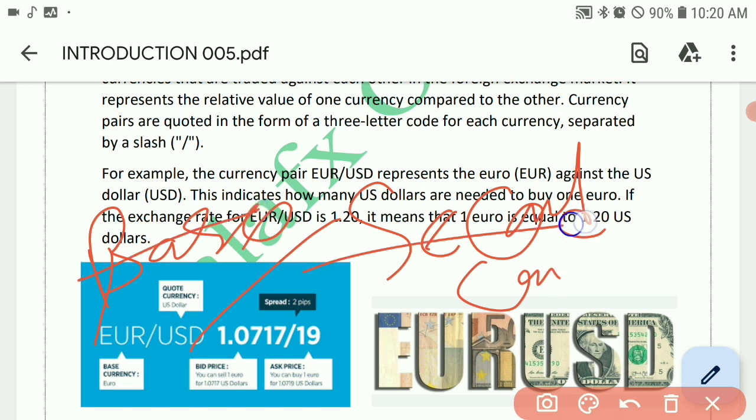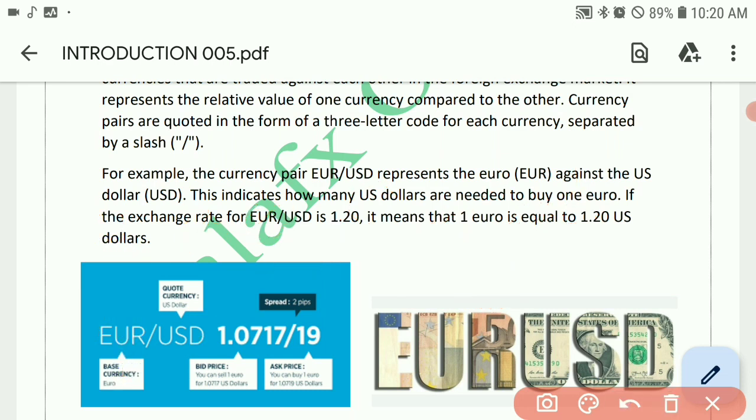Here we have the bid price and the ask price, as talked about in our previous video: the price they are willing to sell euro and the price they are going to buy euro. The difference is 2 pips, and I already taught you how to calculate that in our previous episode. So if you have not watched our previous episode, go and watch it and subscribe.